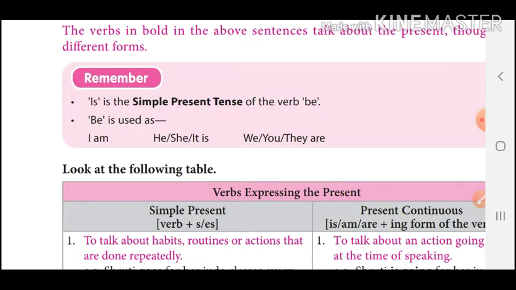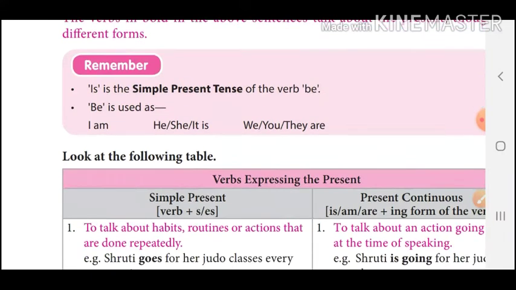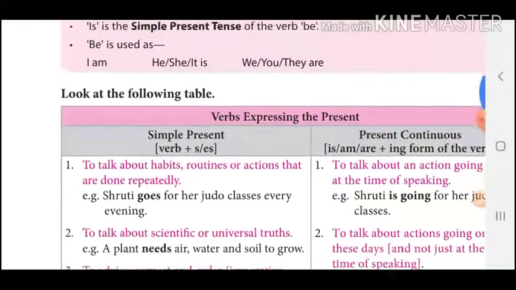With I we use am, with he, she, it we use is, and with we, you, they and plural subjects we use are. So be is used as am, is, and are in present tense.